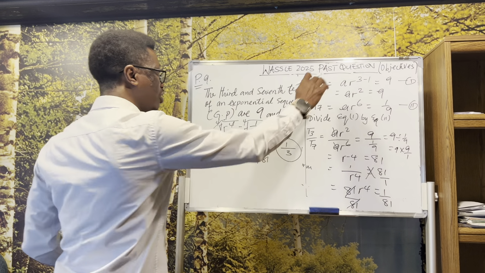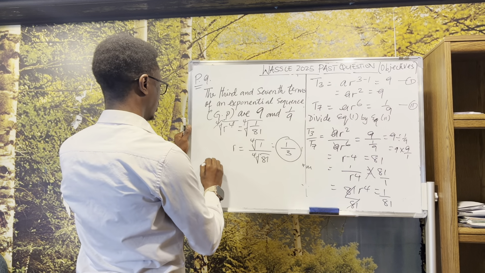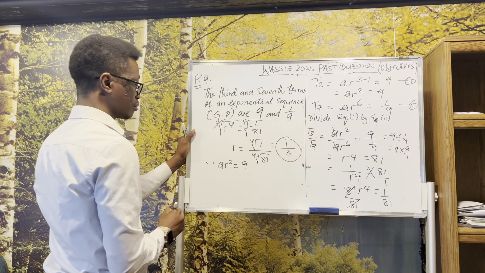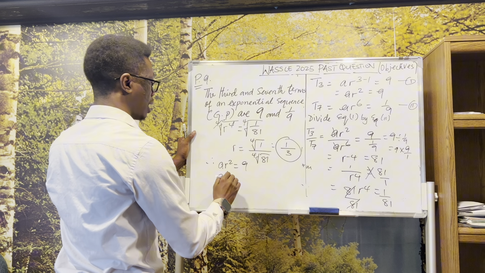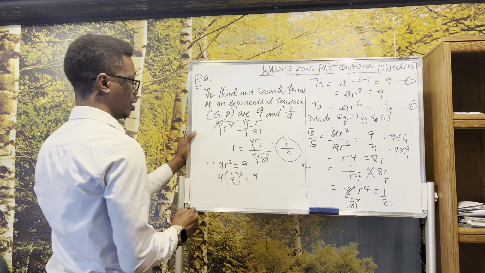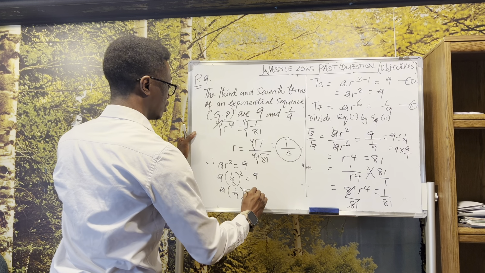So now we can use any of these equations initially and find a. If we take equation 1, a r squared equals 9. We know r already, so we need a. So a times r, which is 1 over 3, squared, equals 9. So this becomes a times 1 over 9 equals 9.